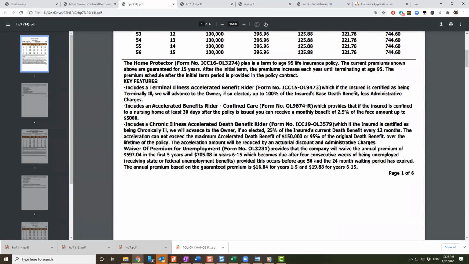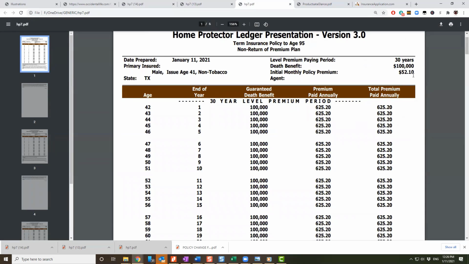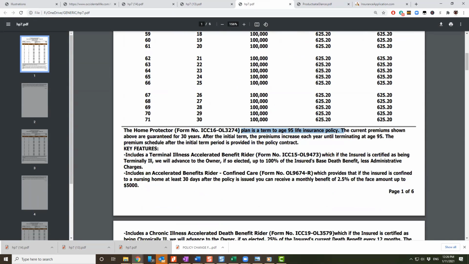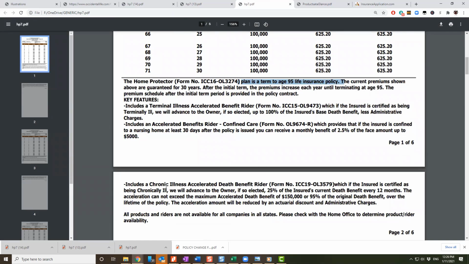So it's better to explain to the customer. Would you rather explain to the customer, I'm going to give you 100,000 for $52.10, that includes terminal illness, confined care, and chronic illness?